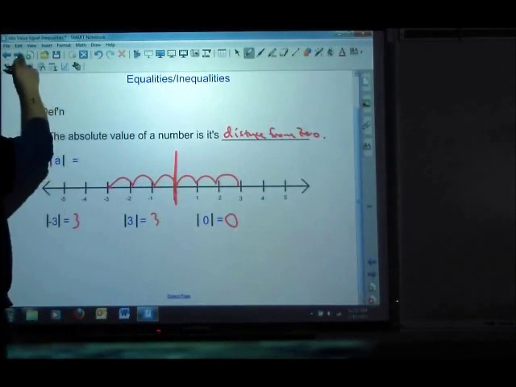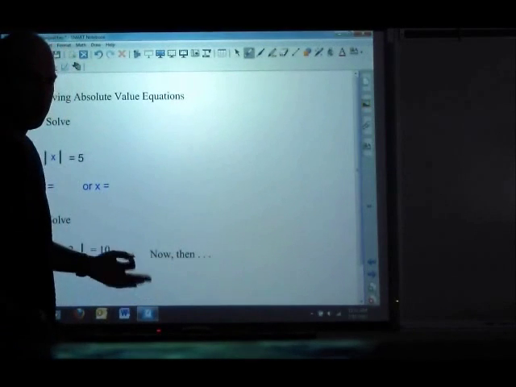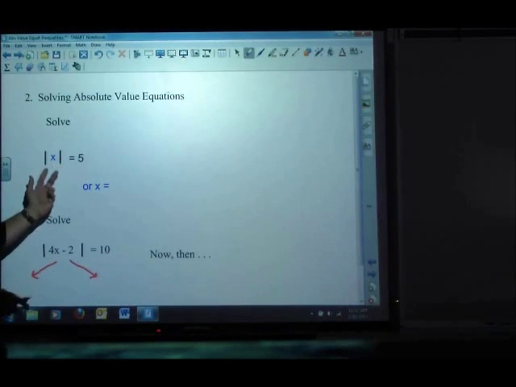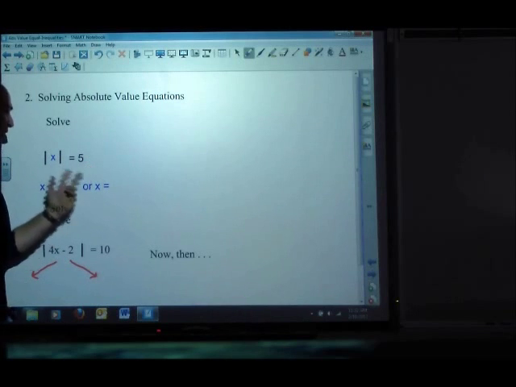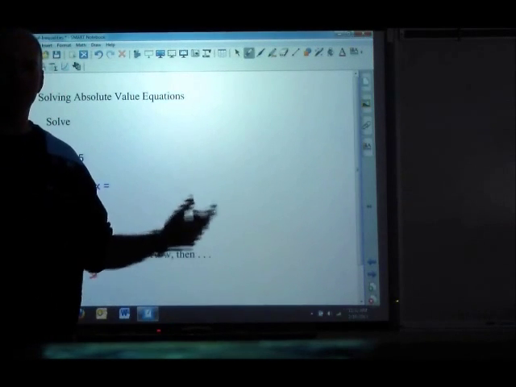Now, what you're going to see is situations with absolute values in equations. Here is about as basic a problem as you can see. What number, if you take its absolute value, gives you 5? Translating math into English, I'm asking which numbers are 5 away from 0.